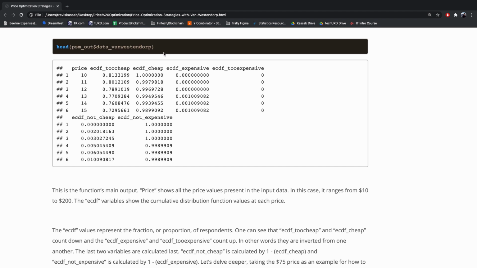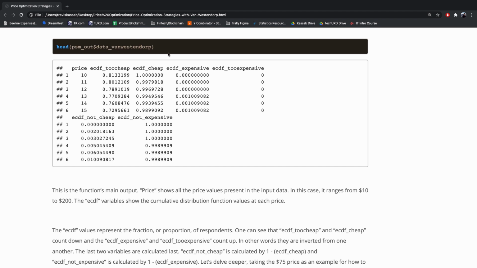So this is the initial data, and everything that is calculated from now on is based on this data here. Again, 991 sample size.